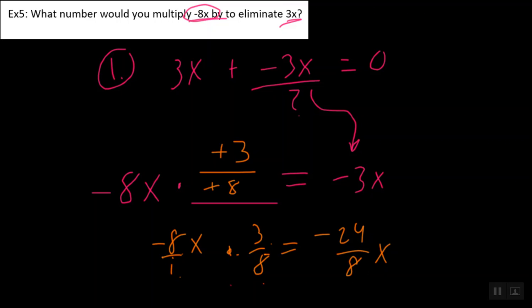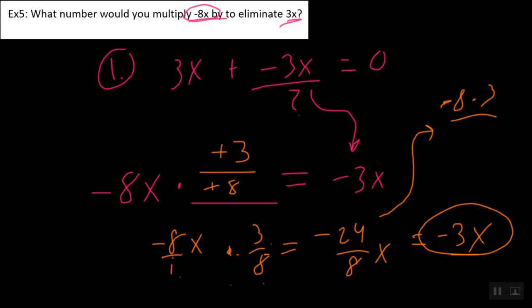Negative 24 over 8 actually becomes negative 3x. Alright? And that's why it works out. The real reason that it works out is because we could actually write negative 24 as negative 8 times 3 over negative 8. And remember, when you're multiplying like terms on the top and bottom, those can cancel out and go away. And you're left over with that.